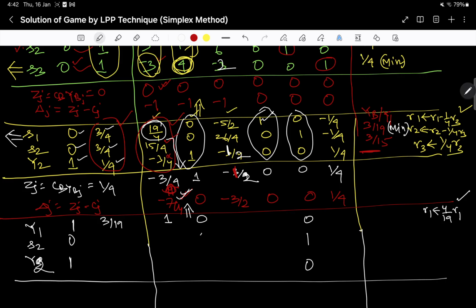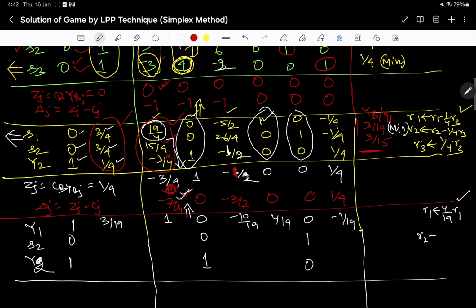Accordingly I work it out. It will be minus 10 by 19, it is 4 by 19, it is 0, and it is minus 1 by 19.